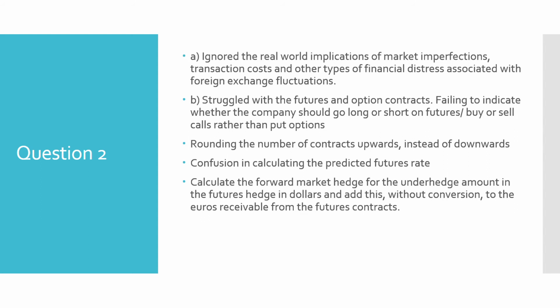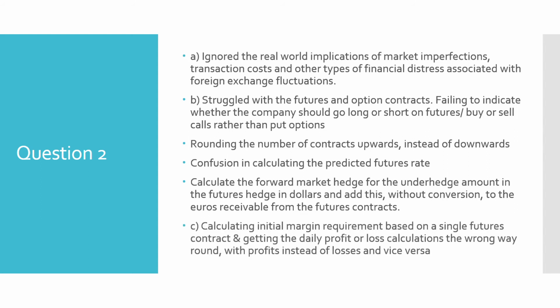So what was the mistake? The mistake was calculating the initial margin requirement based on a single future contract. That means you are not multiplying by 81. 81 was the number of contracts. You are supposed to multiply by the number of contracts to find the initial margin requirement.